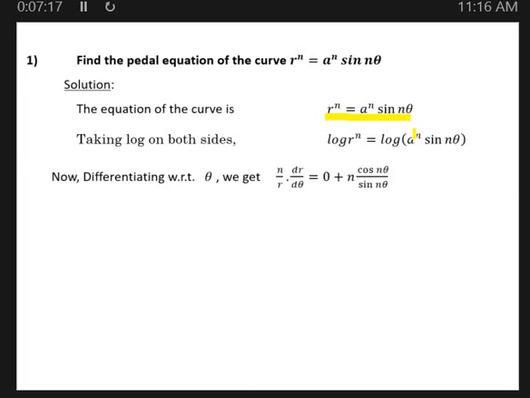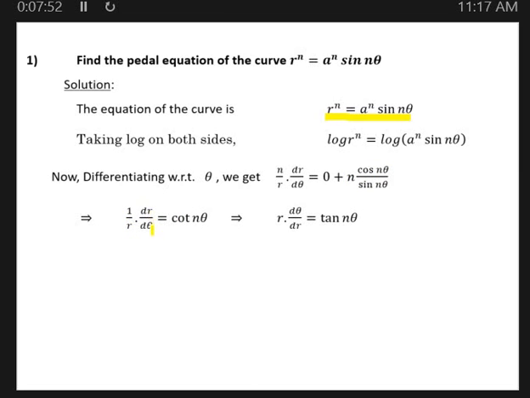Log a power of n's derivative is 0. Then log sin n theta's derivative with respect to theta is 1 by sin n theta into derivative of sin n theta is cos n theta, then into derivative of n theta, that is n. So n cos n theta by sin n theta we get by differentiating log a power of n sin n theta.